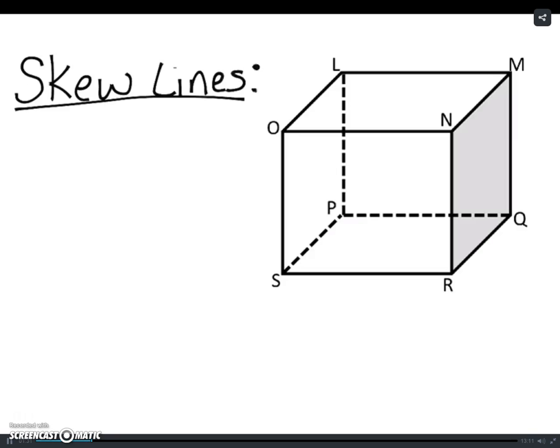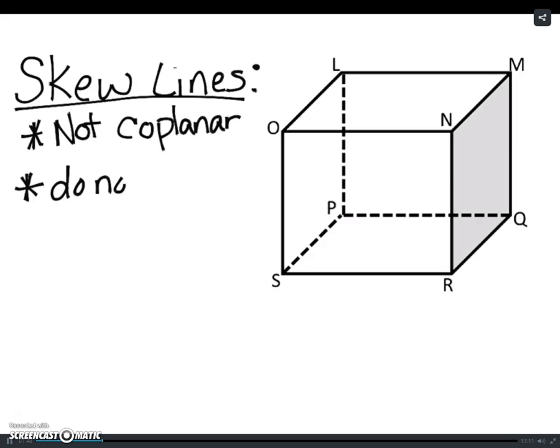Skew lines have to be drawn on some kind of 3D figure, or they have to give you at least two planes, because skew lines are not coplanar. So they are not on the same plane. And like parallel lines, they do not intersect, so they won't touch.